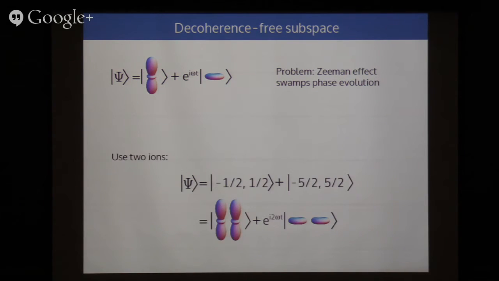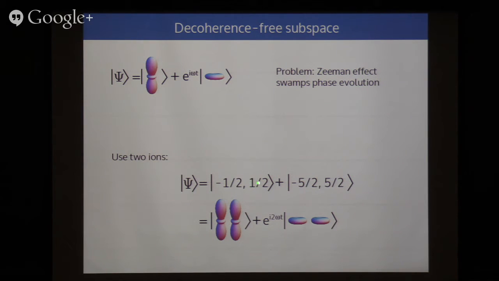So what's the resolution? The resolution is decoherence-free subspaces. The idea is to take two ions. Suppose I generate this state: the first ion has a projection of -1/2, and the second ion of +1/2. Those are two ions, and then I superpose that with a state where one ion is polarized downwards and the other one upwards.